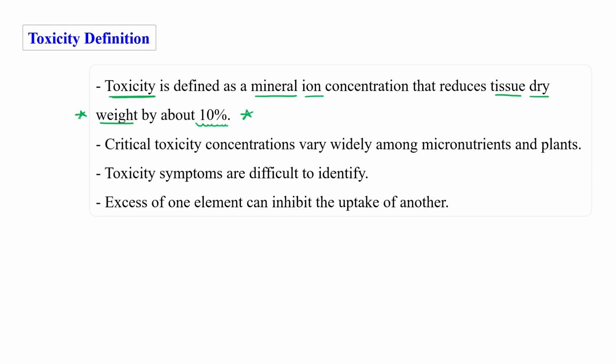So toxicity is defined as a mineral ion concentration that reduces tissue dry weight of that particular plant by 10%. Critical toxicity concentration varies widely among micronutrients and plants.